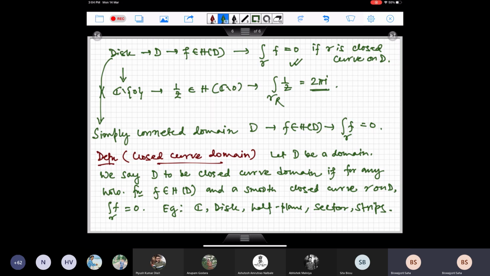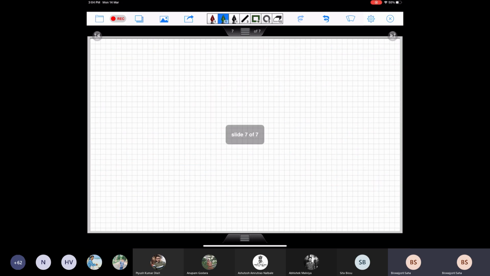Now that I have this definition in place, I am in a position to state the Cauchy residue theorem. Of course, I have told you all the necessary background by now. There was this simply connected condition, which I am at this moment substituting by closed curve domains.